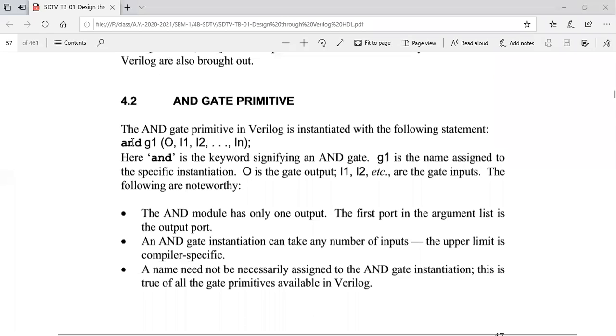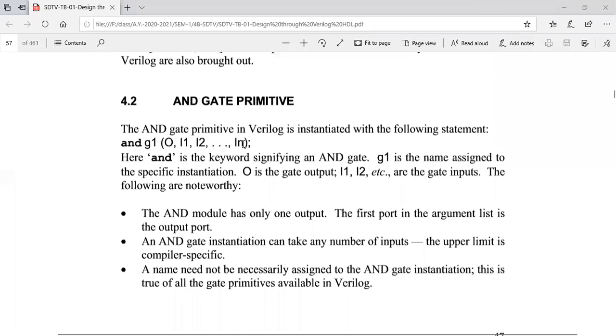So this is instantiating an AND gate, and this is the local name of the gate, G1, and we have an output O, and we have the inputs from I1, I2, like that, IN. If your compiler is 32 bit, you can give up to I32, since it is starting from I1.